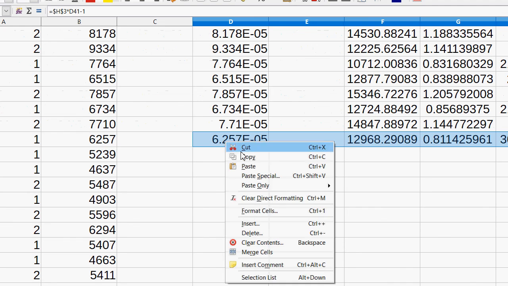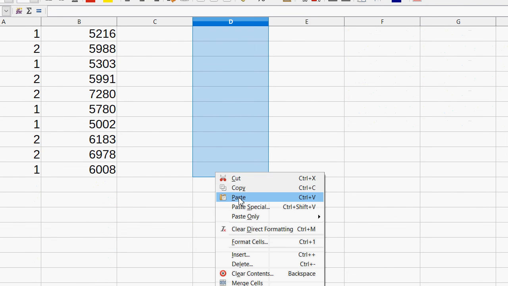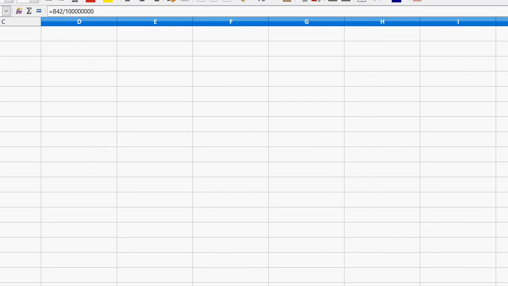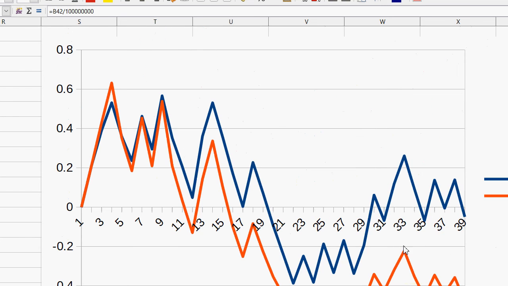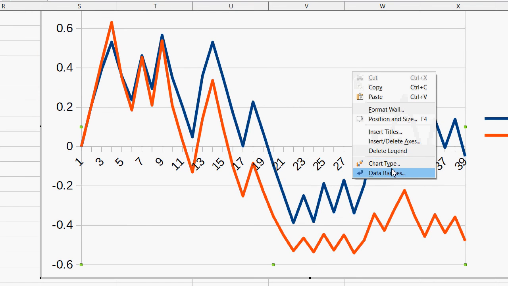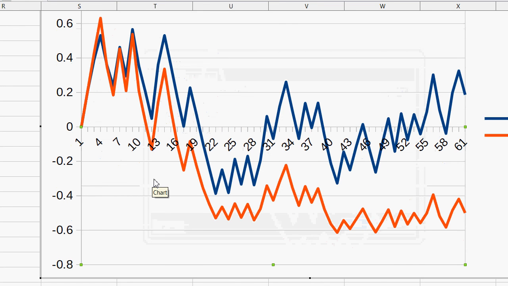Because this goes down to here. 63 is the row. So let's see how this thing did. Okay, there we have it.